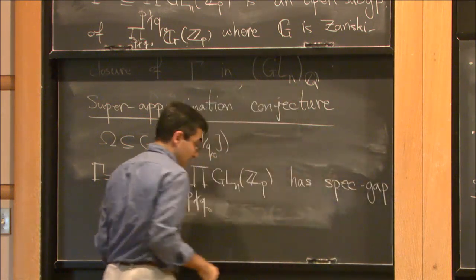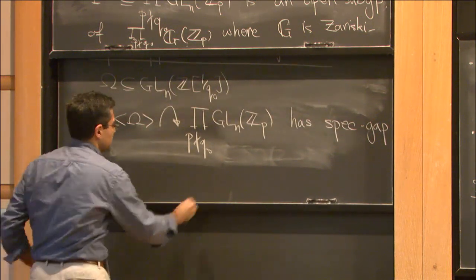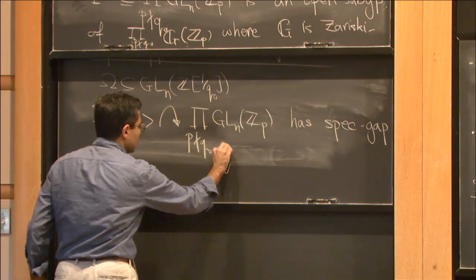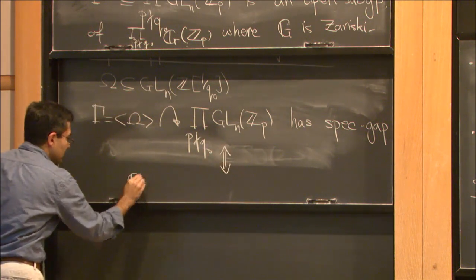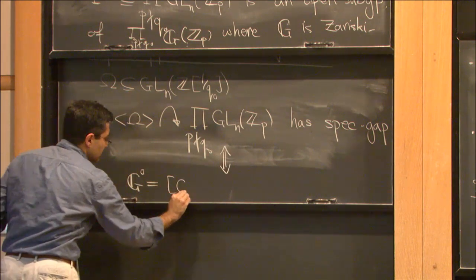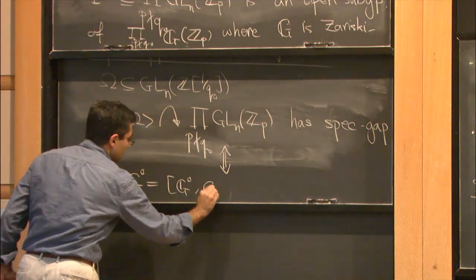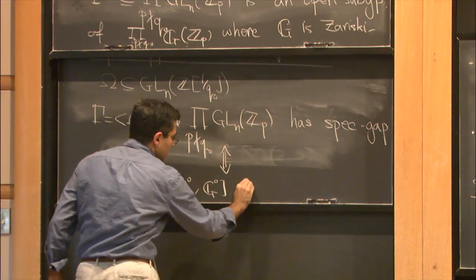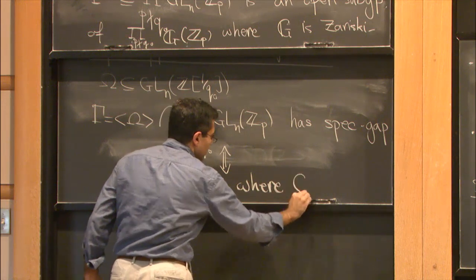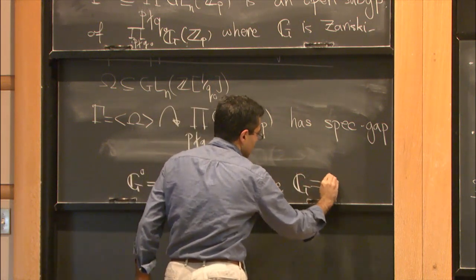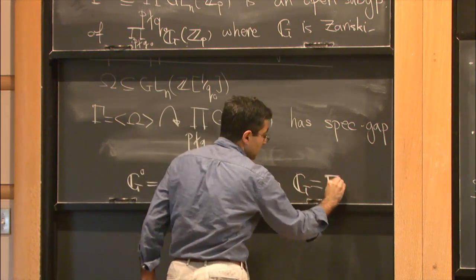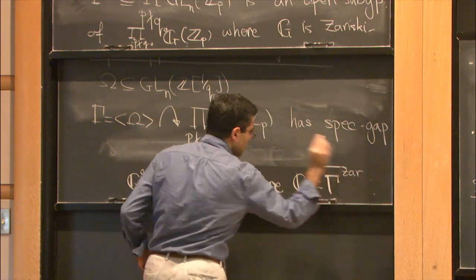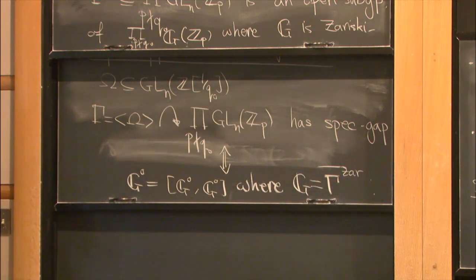And the answer should be that this has a spectral gap if and only if the connected component of the Zariski closure is perfect, which means it's the same as its commutator. Okay, so this is the conjecture.